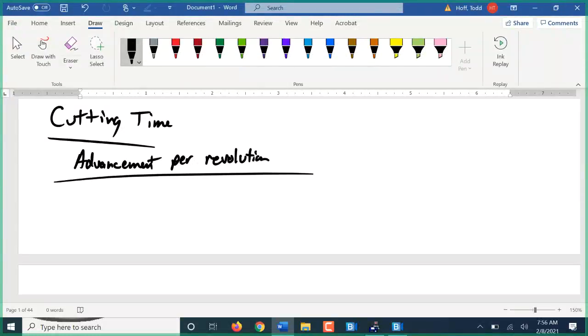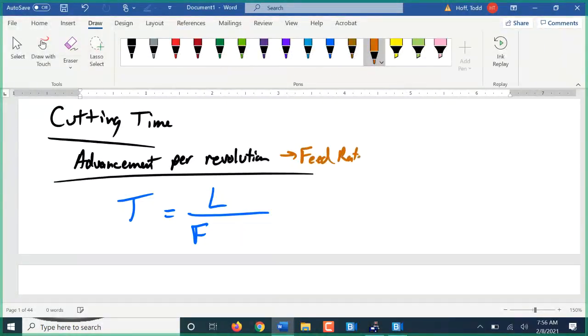So the time to make a cut, the length of the cut, L, divided by F, which is your feed rate, that is that advancement per revolution, times your RPM.